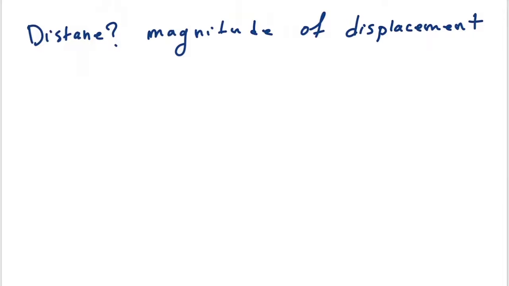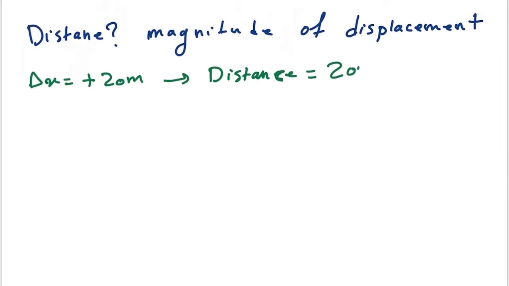So let's say if my displacement is positive 20 meters, what is my distance? The distance is 20 meters. What if the displacement is negative 20 meters? The distance is still 20 meters. So it only has a magnitude, does not have a direction.